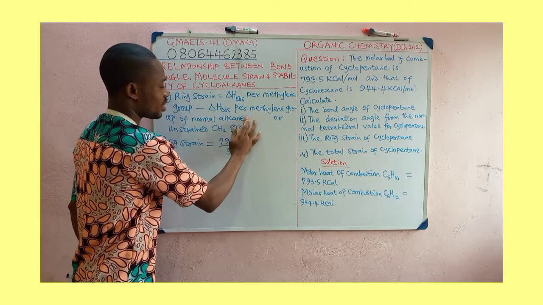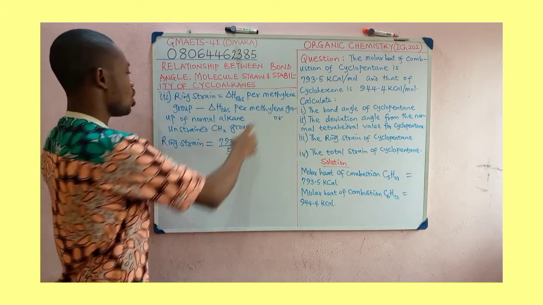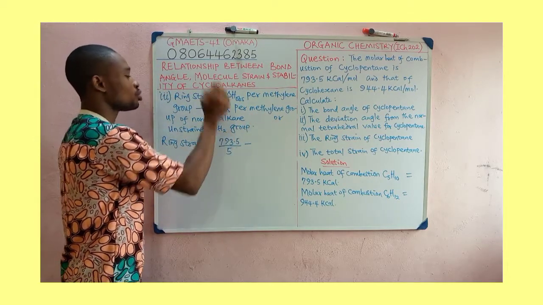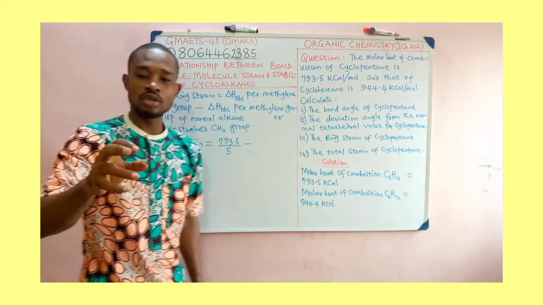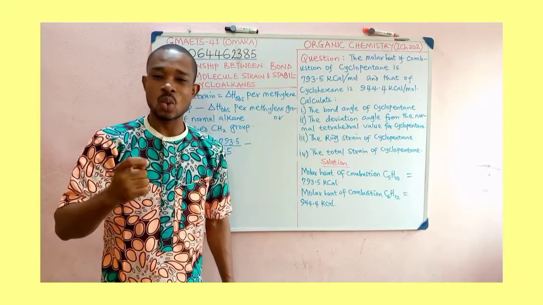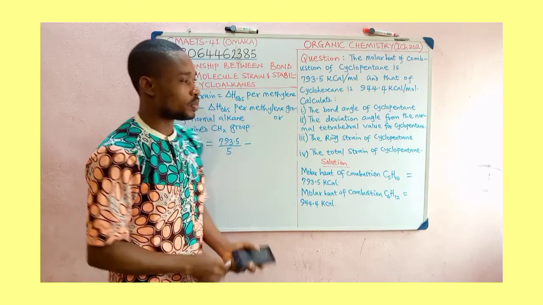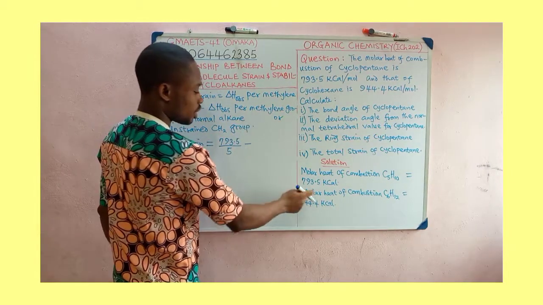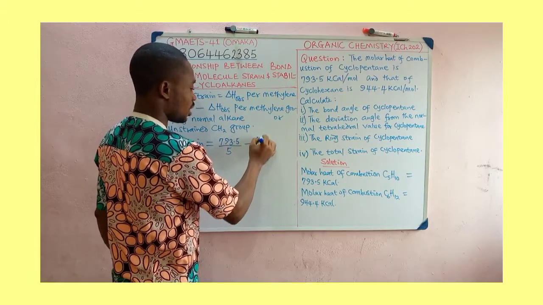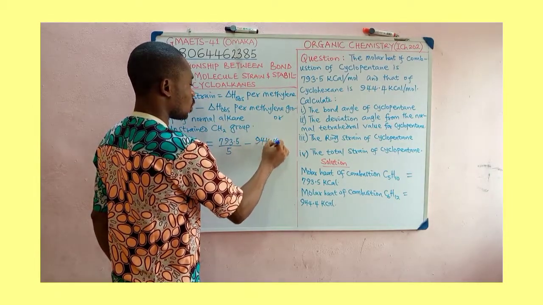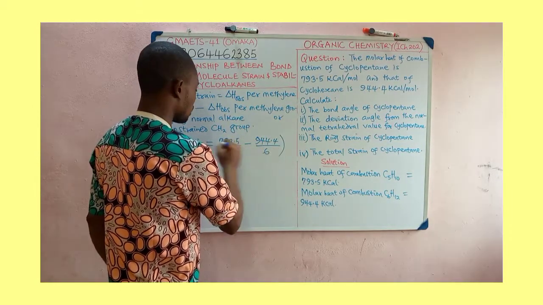Of normal alkane or unstrained CH2 group. I told you it's referenced to what? That of cyclohexane. So we're going to obtain it from the molar heat of combustion for cyclohexane given, which is 944.4 divided by what? 6.